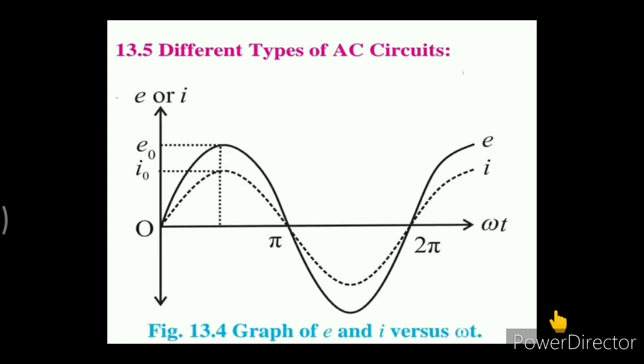As well, we come to know that for a resistor, there is zero phase difference between instantaneous alternating current and instantaneous alternating EMF. That is, they are in the same phase. Both E and I will reach zero value and maximum value at the same time.